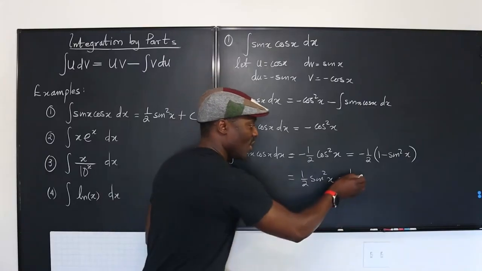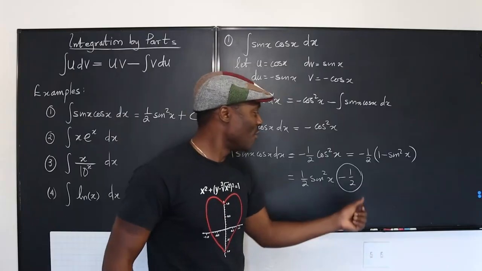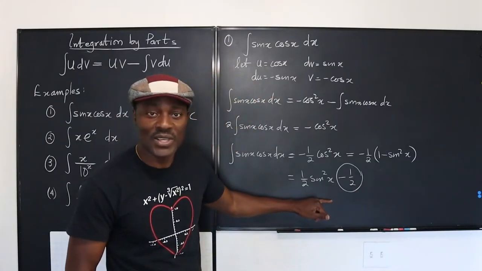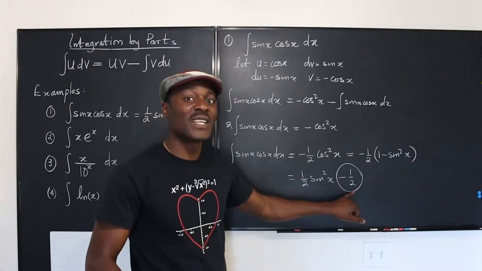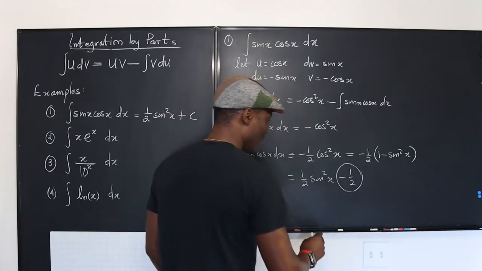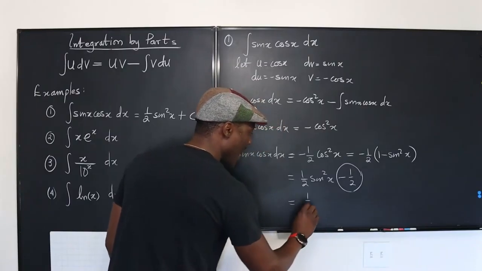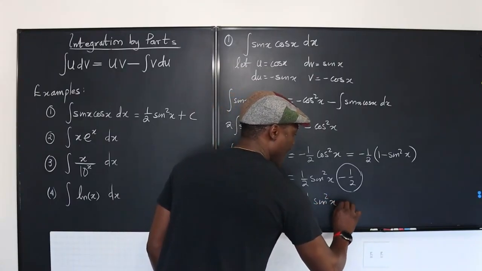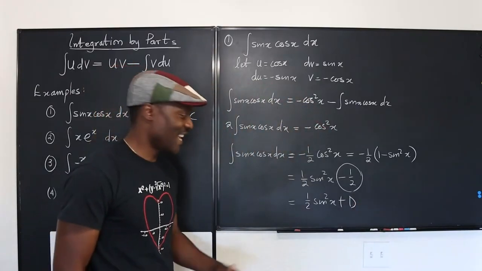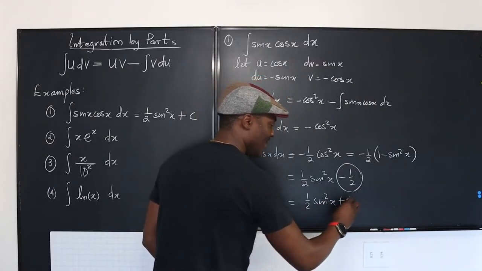Well, this will be the C or the D or whatever you care, and nobody cares about this at this stage, because what's important is the function that you get, not the constant, because the constant can be anything. Remember that. So you can just rewrite this as 1/2 sine squared x plus, let's just call it D this time, since we already used C for this case, but it's the same thing. I can still call it my C, actually. I'm just going to call it C.